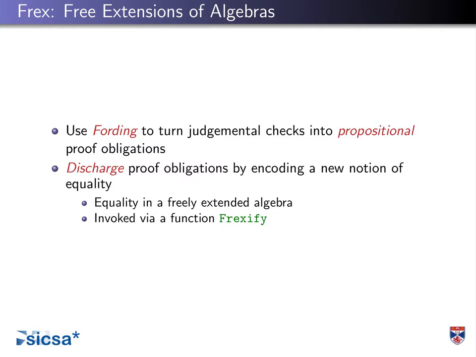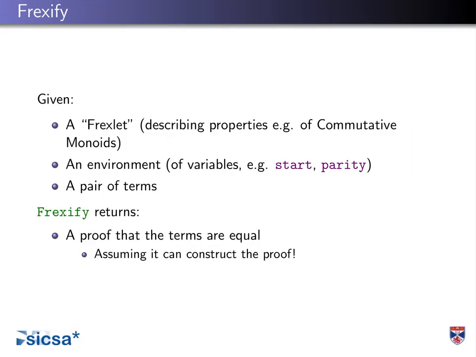It will take a description of the equalities that we want to prove, and it will attempt to solve that, basically by normalizing the two sides of an equation according to rules provided as a description of the algebra. If they have the same normal form, we have a proof. Off we go. So Frexify is a function that, given a Frexlet, think of it as like an interface to your algebra that says what properties it has.